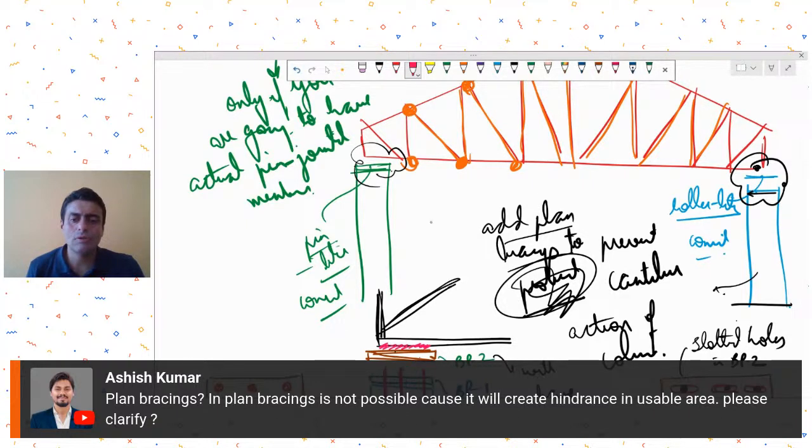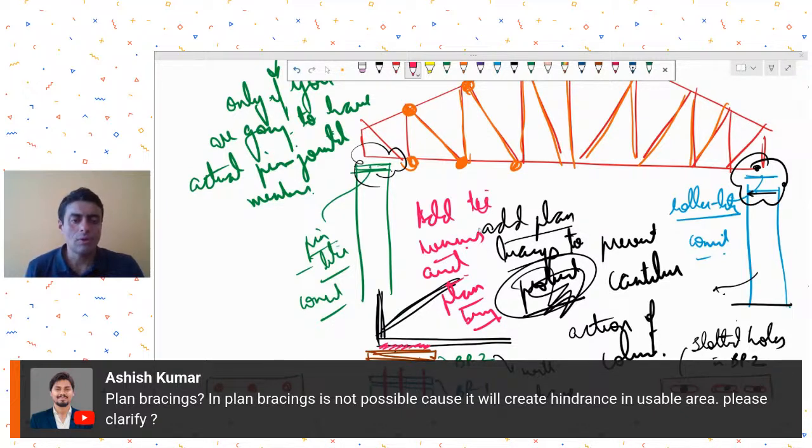Otherwise stability is compromised. So I would always recommend you to add tie runners and plan bracings in these truss systems. If you do not want to provide tie runners and plan bracings, do not go for truss systems. Go for rafters and columns which are rigidly connected to each other. Do you understand?